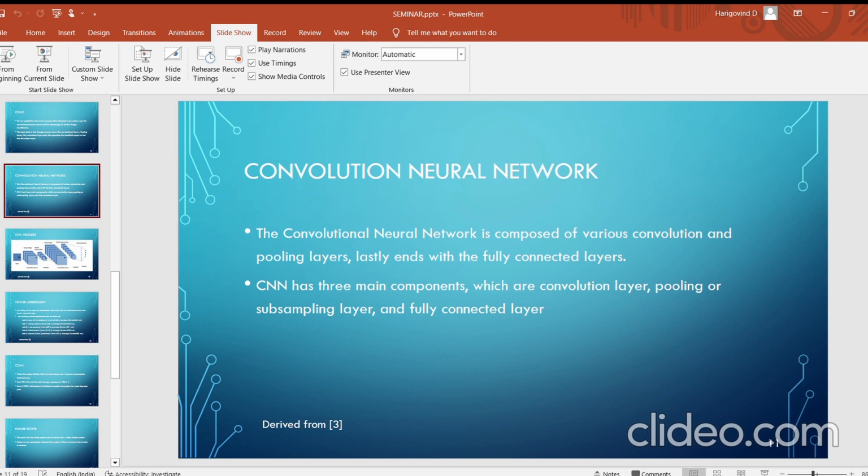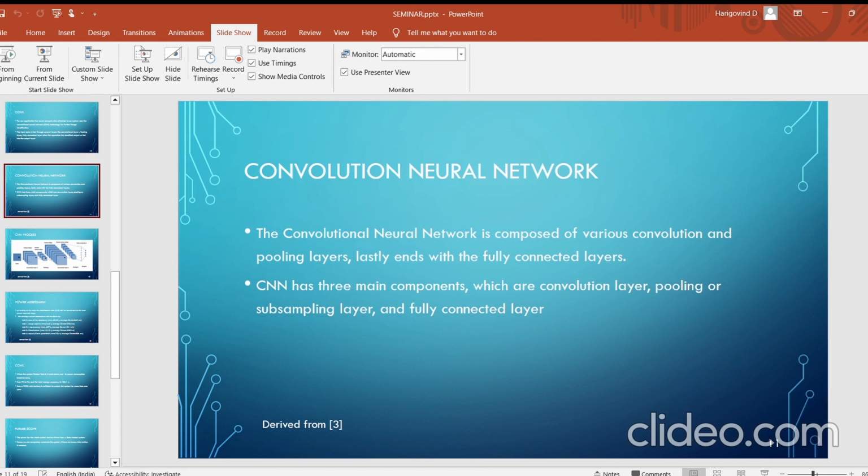If we go deeper into the convolution neural network, as I said earlier, it is composed of various convolution and pooling layers, which end with a fully connected layer.